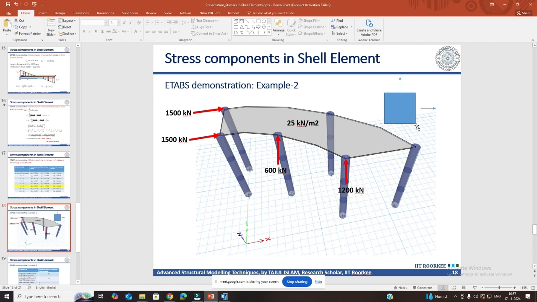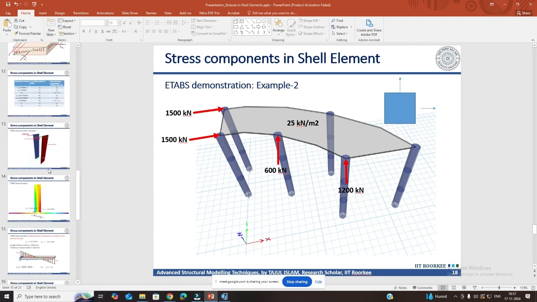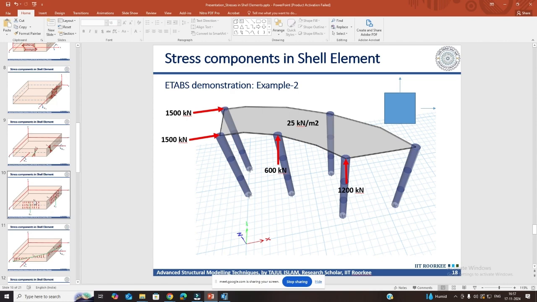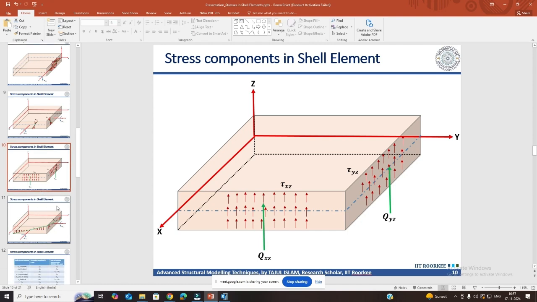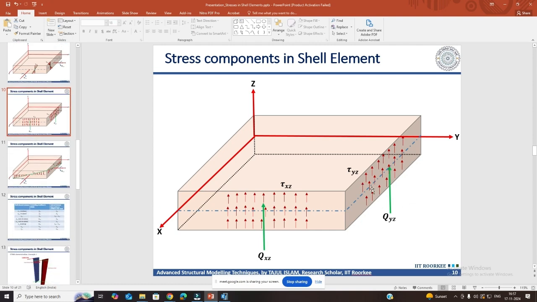And this is one. So this is 2 plane. In this case, this is x plane, and z direction. So I have to check the stress. So it is going to be 2 3.